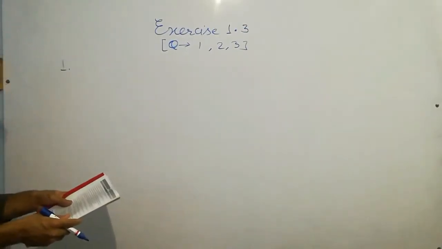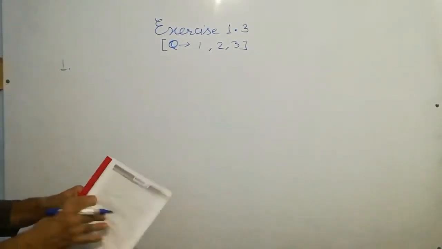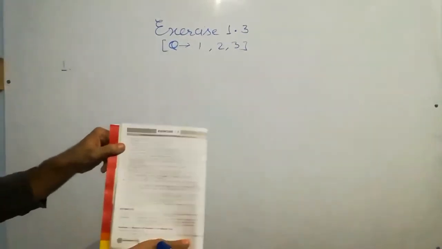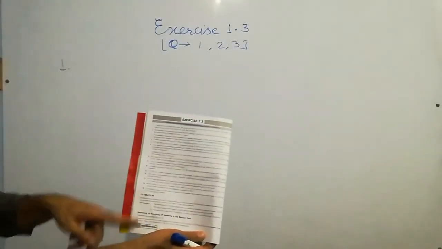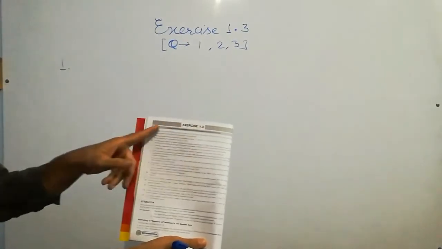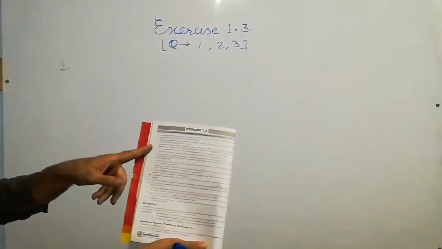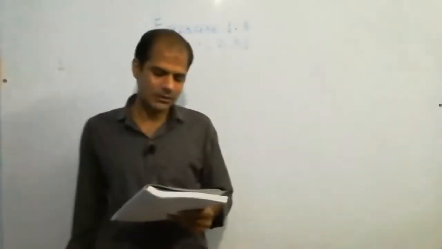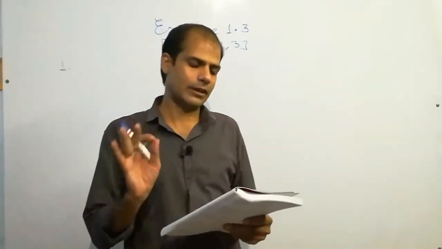You can also read the questions from my book. See, this is exercise 1.3, and this is page number 14, exercise 1.3, questions number 1, 2 and 3. These questions we are solving. First question is, a merchant had rupees 80,290 with him.